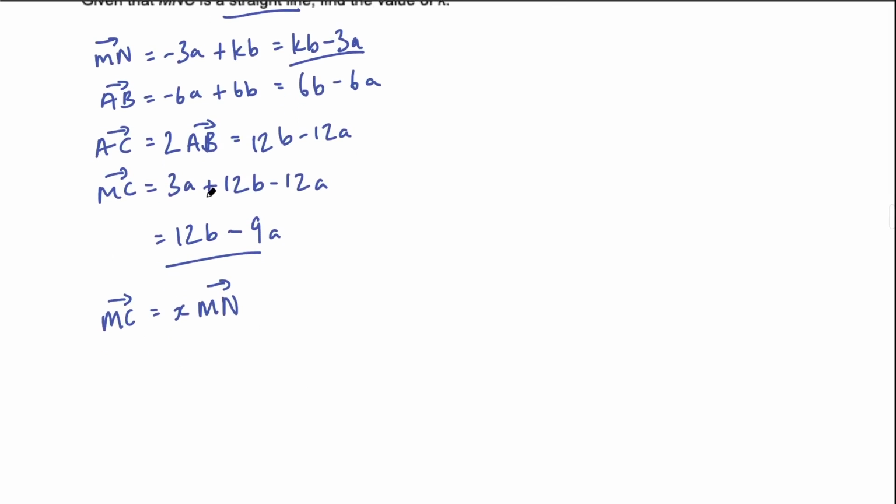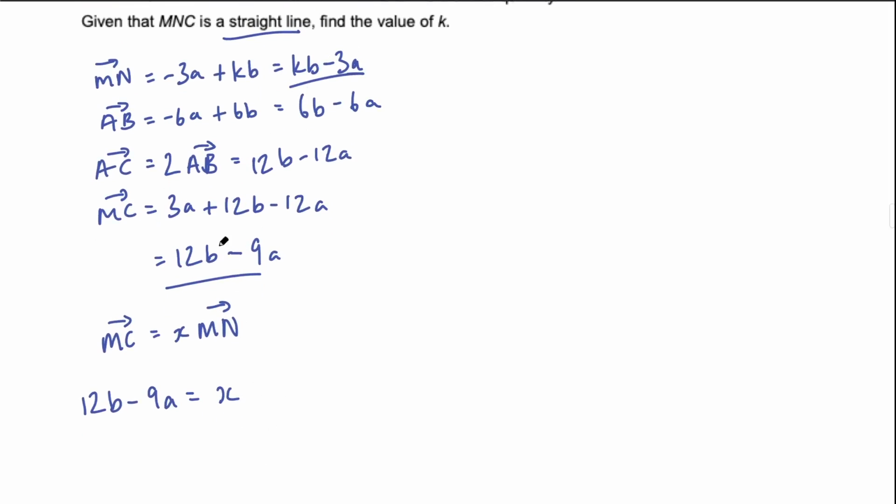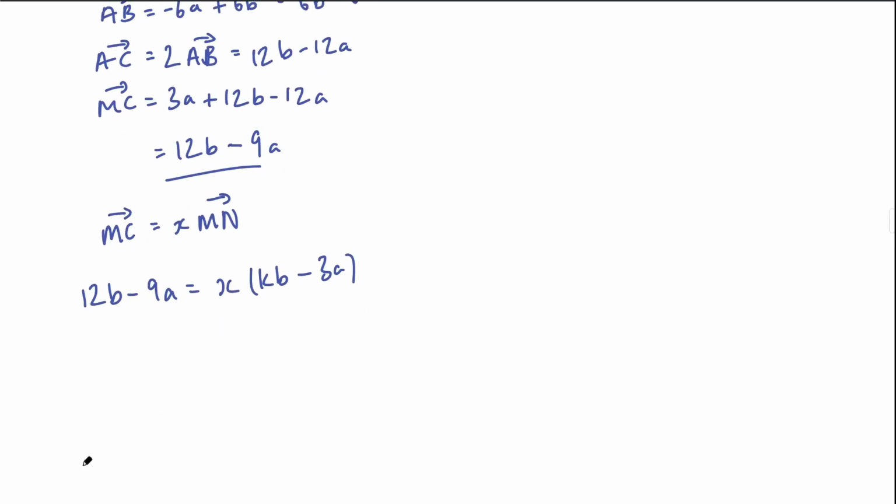Okay, then we can say that 12b take 9a equals x times kb take 3a. And now what we want to do is to equate coefficients. So we can say that because these two vectors are equal, because we multiplied MN by some amount, then the coefficients of each vector should be equal.